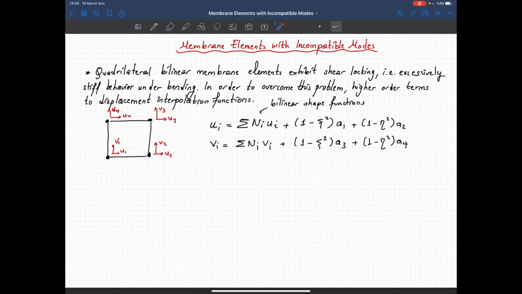The problem is these A values don't have any physical meaning. They are actually the generalized displacements.